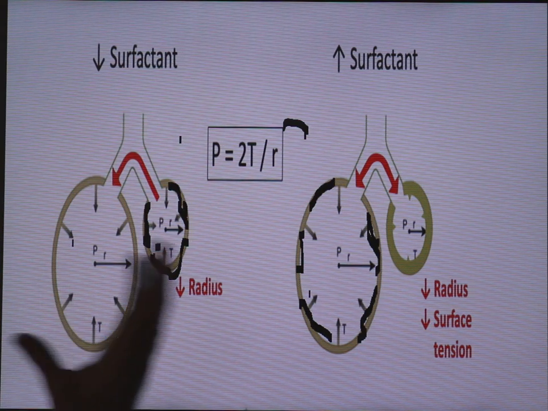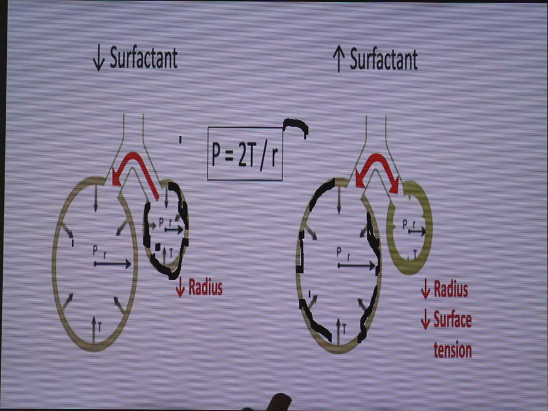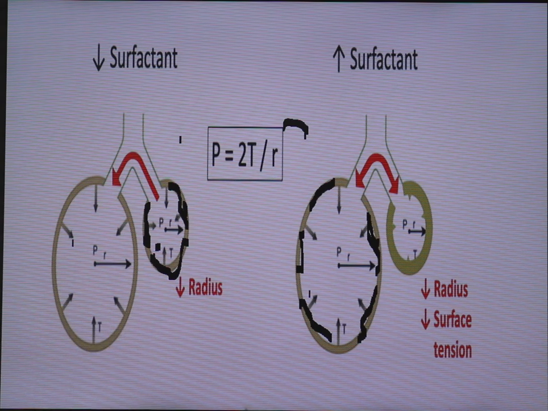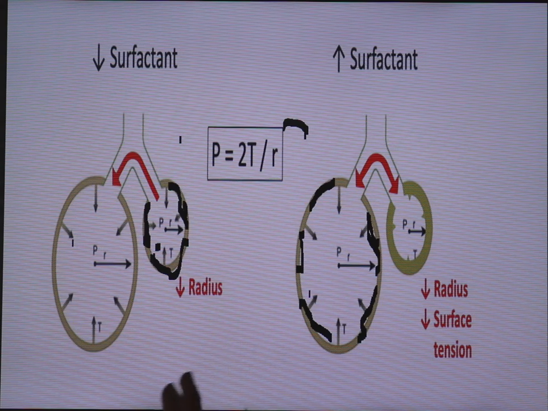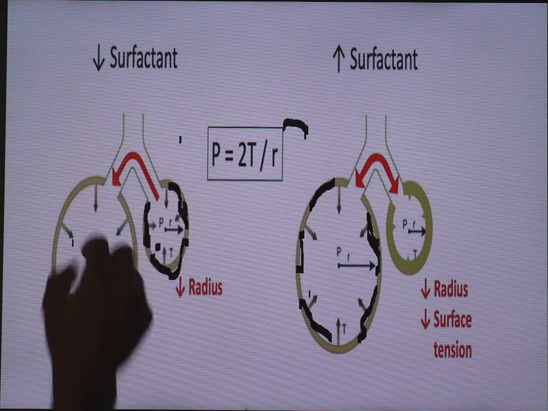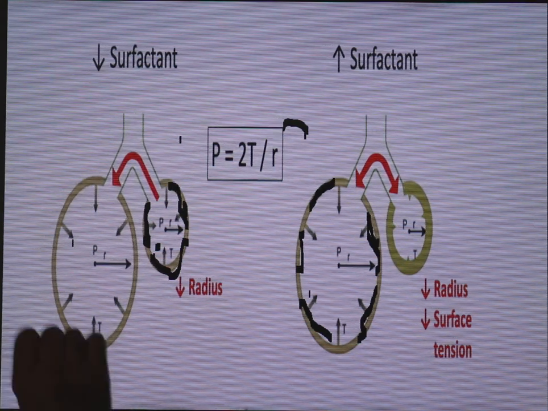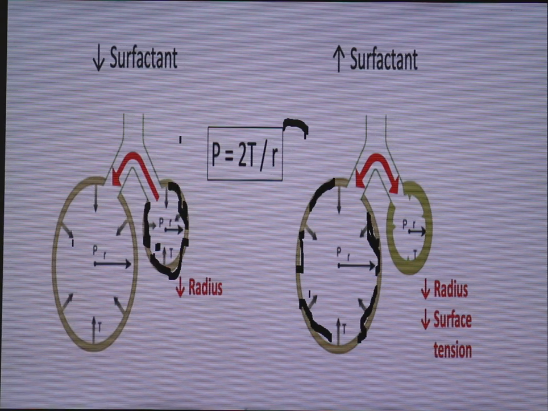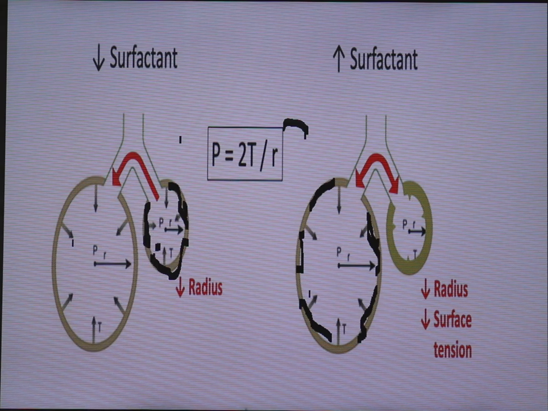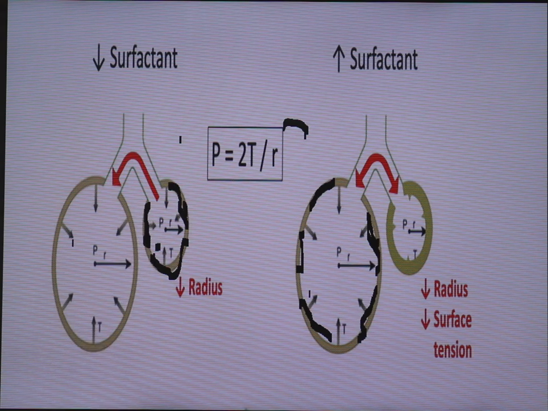So if we have a lung with great compliance, a little elasticity, a little resistance, the volume of the lung will change extensively with a small change in pressure. If you inflate this balloon with small pressure, the volume will change in a great manner, and this is due to a great compliance of the lung.